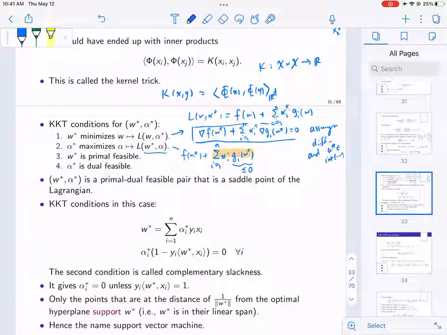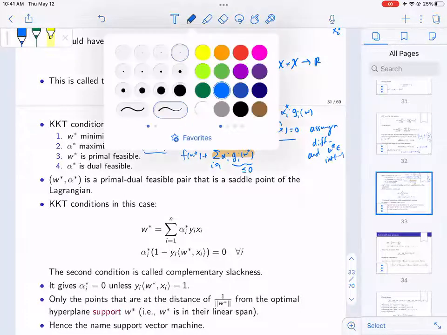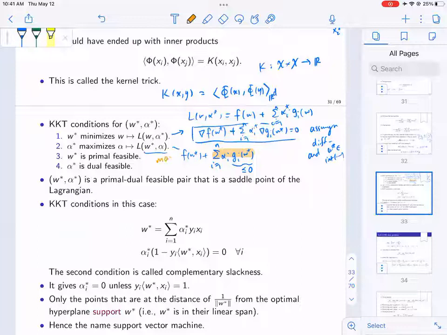So when you maximize this, assuming primal feasibility holds, each individual term has to be 0. This is equivalent to alpha_i g_i(w star) equals 0 for all i. That's the second KKT condition.